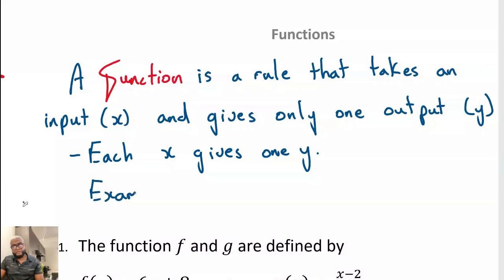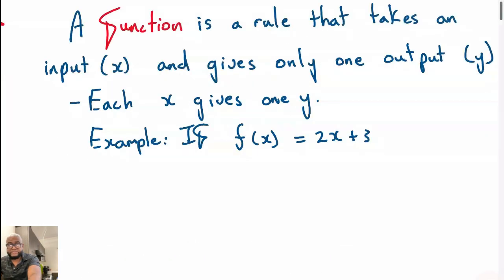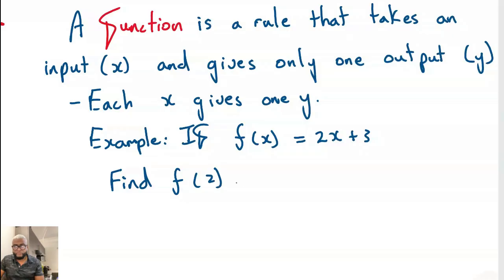So for example, if f of x is equal to 2x plus 3, right? And I ask you to find f of 2, it means here that the value of x is 2. You input 2 into that rule, which is 2x plus 3, and you will get your output.